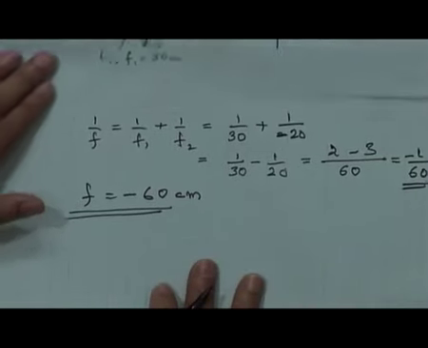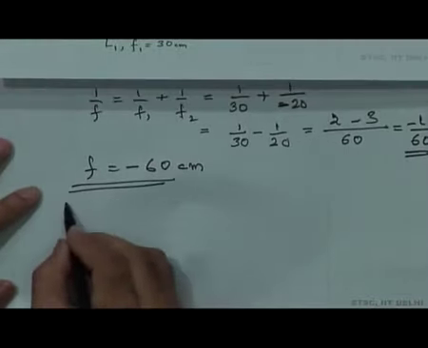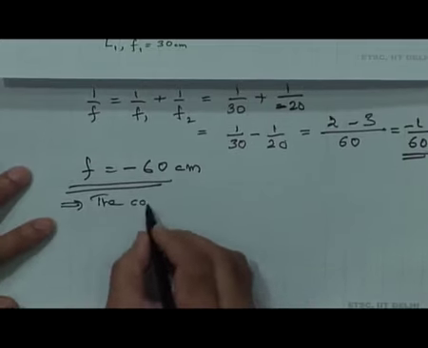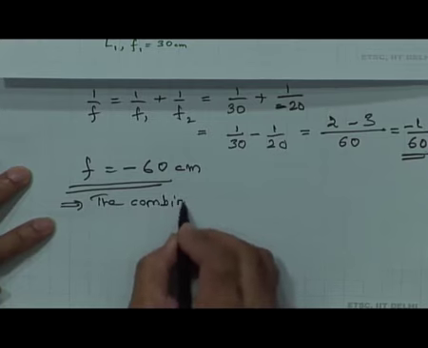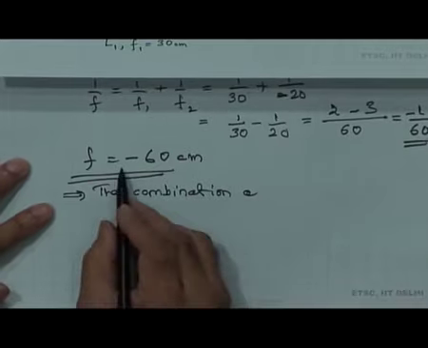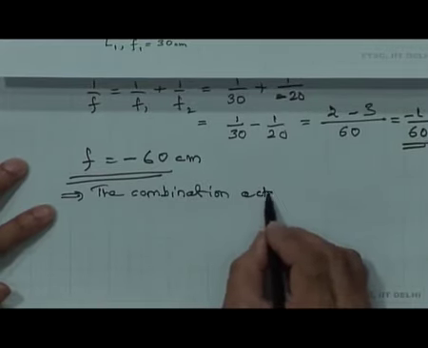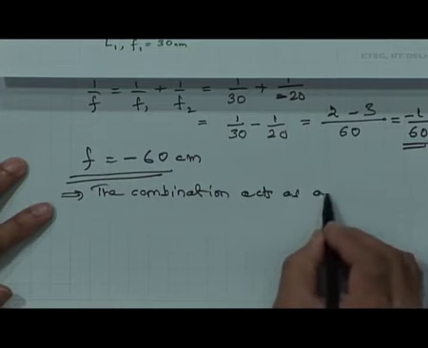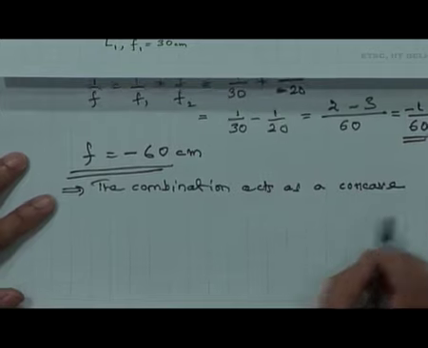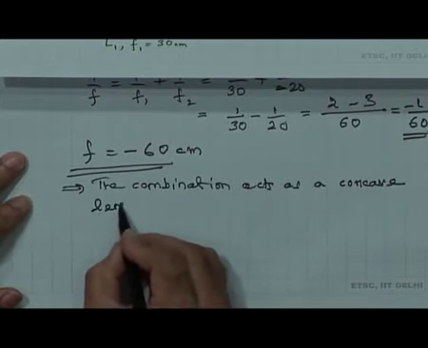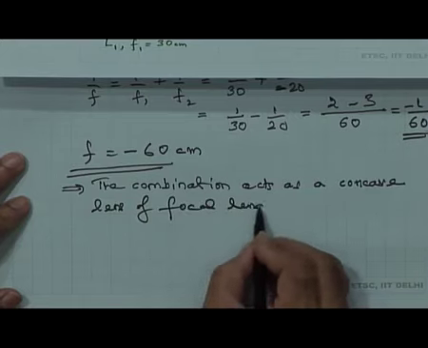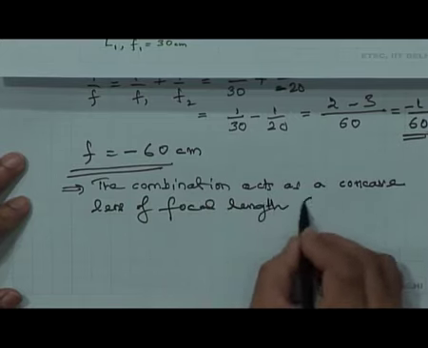What does this mean? This implies that the combination here acts as a concave lens of focal length 60 centimeter.